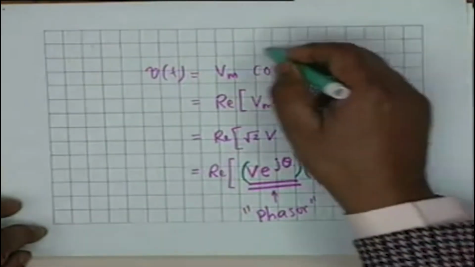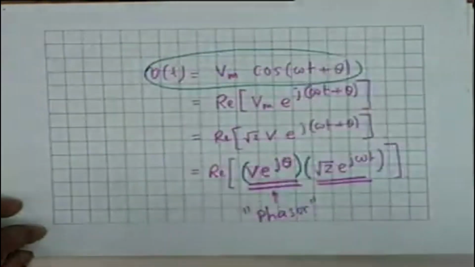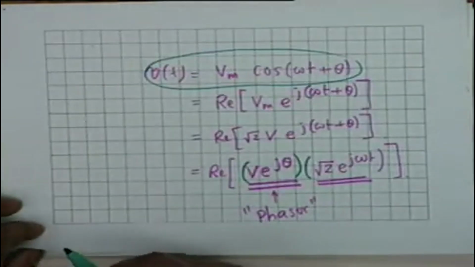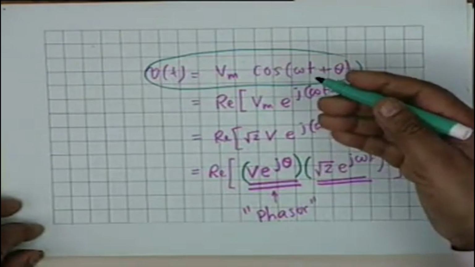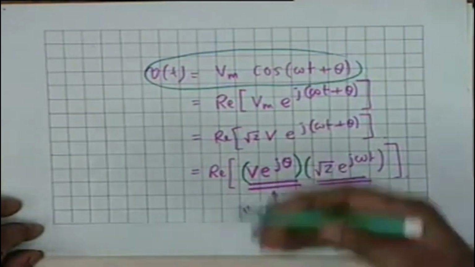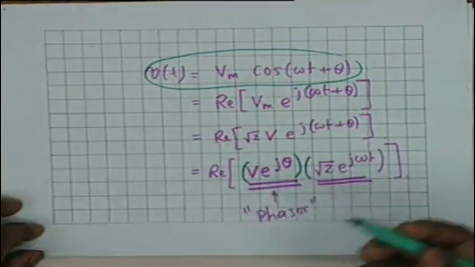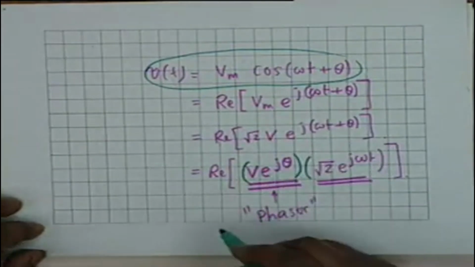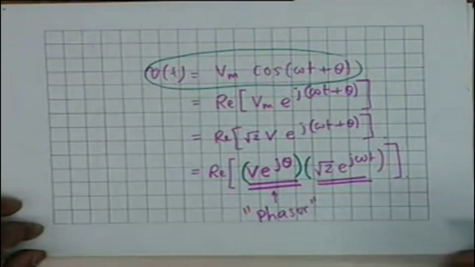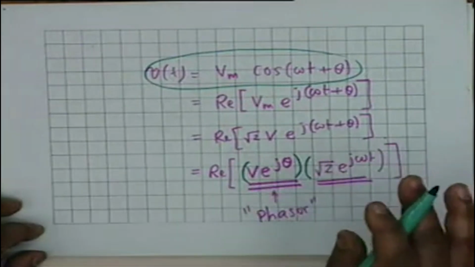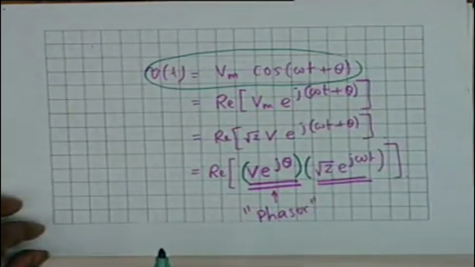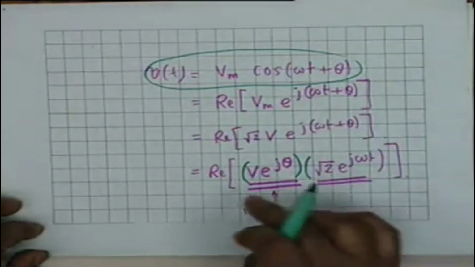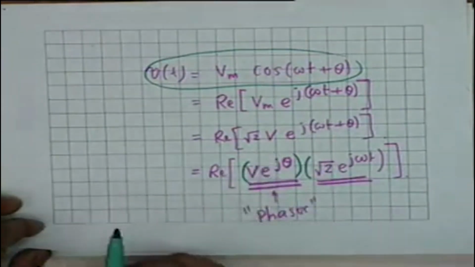So v(t), which is very much a real quantity, is now transformed into a complex number, V cosine theta plus j V sine theta. The time dependence, the frequency content omega, are all completely given up. That it is the real part we also forget.